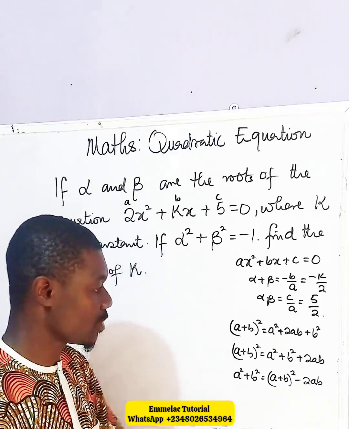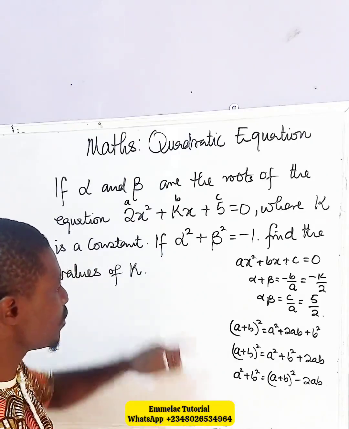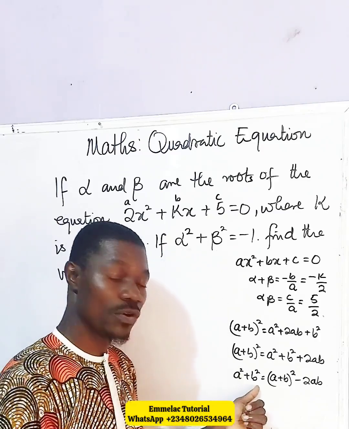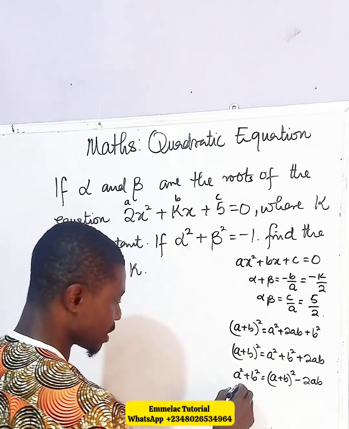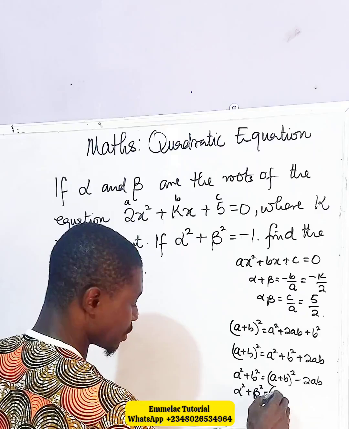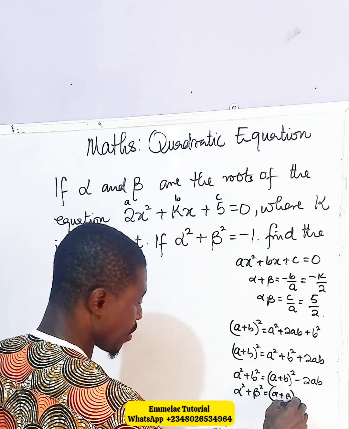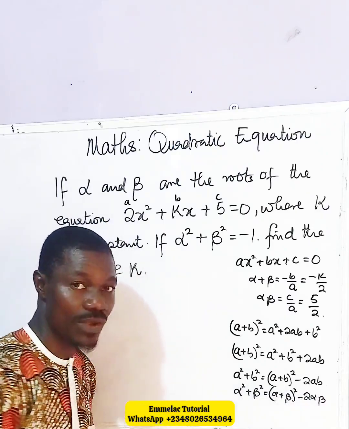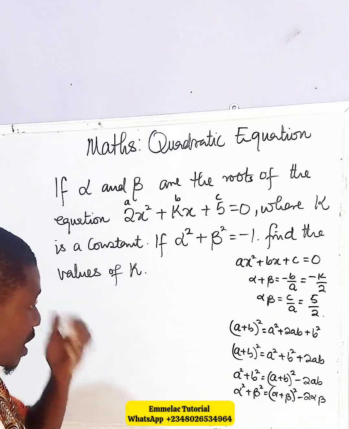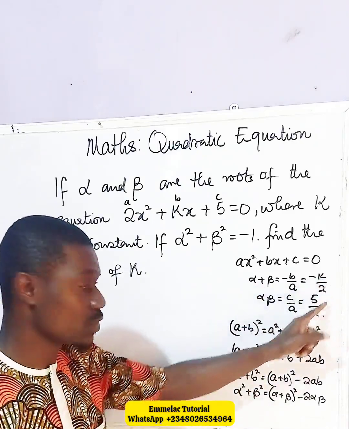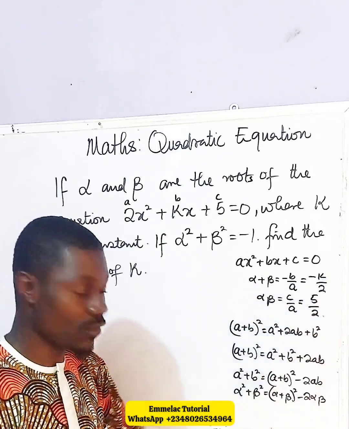Then what if you replace a and b with alpha and beta? You can see here that alpha squared plus beta squared equals alpha plus beta all squared minus 2 alpha beta, right? Now let us take note that alpha plus beta equals minus k over 2 and alpha beta equals 5 over 2.